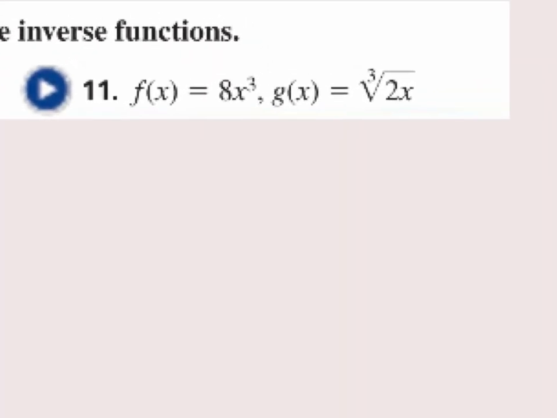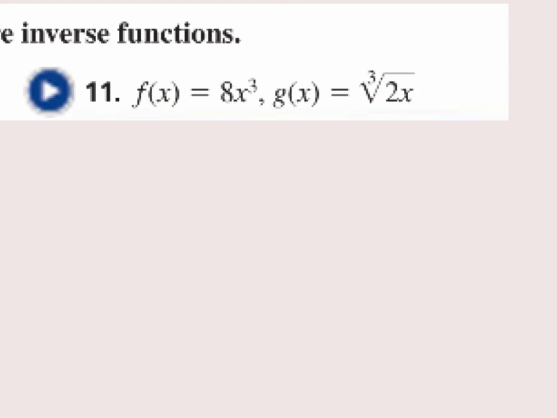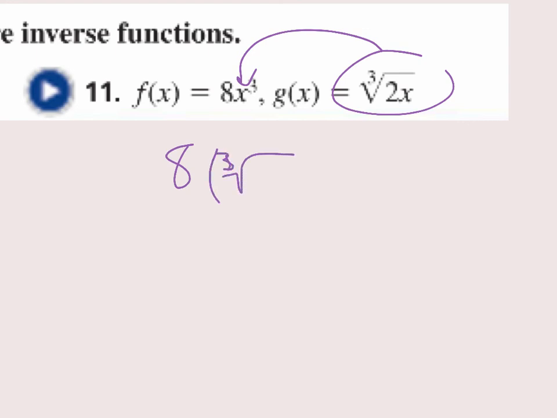All right, let's go to 11. What do we do first? So we take our g of x and plug it into the x in our f of x. We have 8 times the cubed root of 2x cubed. Anything cancel?